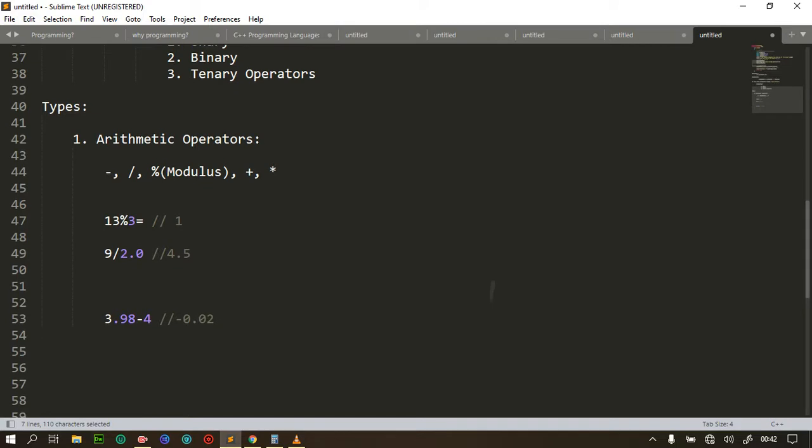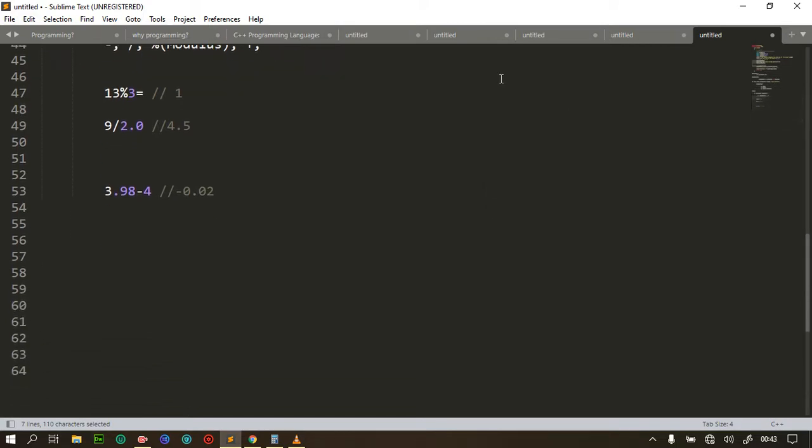The same applies here: 13 and 3 are operands, and the modulus is an operator. The same applies to line 49, 9 divided by 2.0: the division is an operator, and the 9 and the 2.0 are operands.